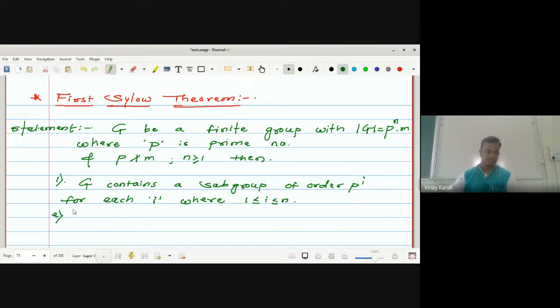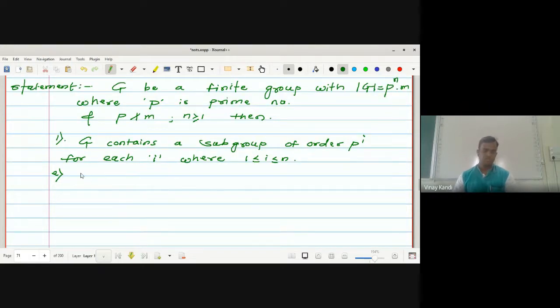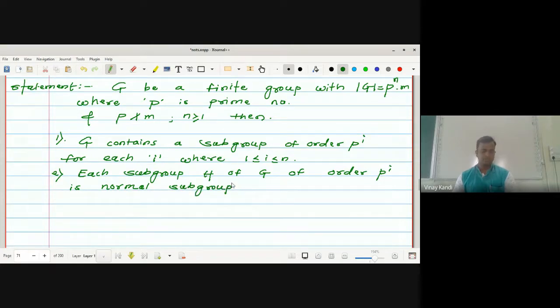Second, each subgroup H of G of order p raised to i is a normal subgroup of a subgroup of order p raised to i plus 1, where i runs from 1 to n minus 1.